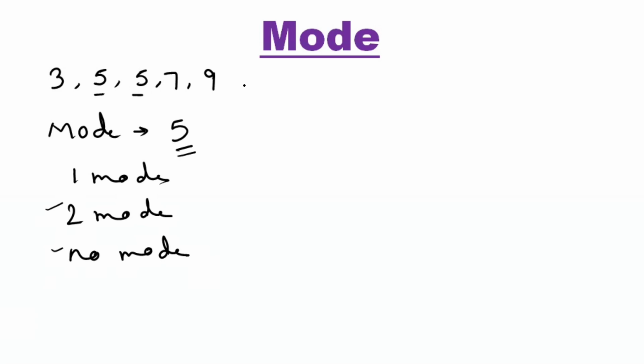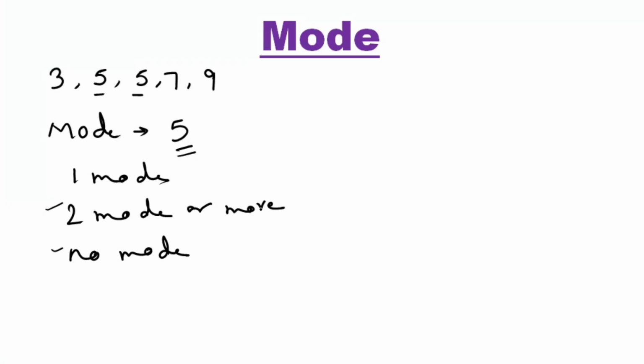The number that appears most often, that is the mode. And in the data there can be one mode, or more than one mode, two or more. So it can be one mode, two or more modes and no mode also.